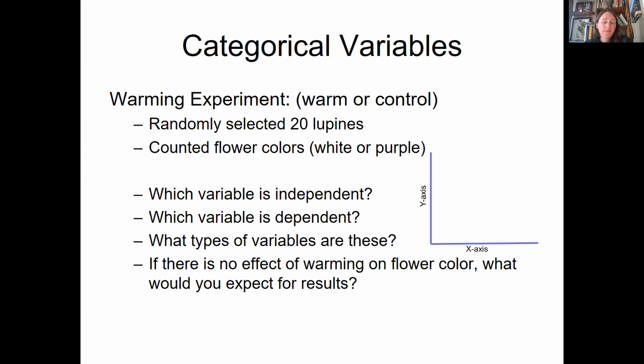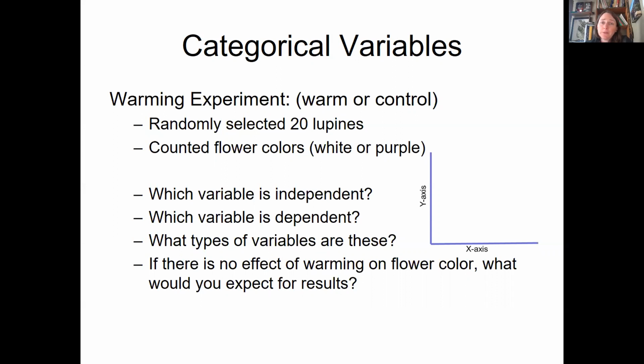Pause. Okay. So, which variable is independent? Well, warming versus control is independent. That's something that you're setting up with your study, and you get to determine it. Now, you're thinking that maybe flower color will depend on whether the plots are warmed or not. And so in that case, flower color would be the dependent variable.